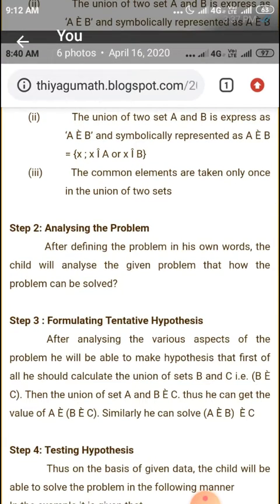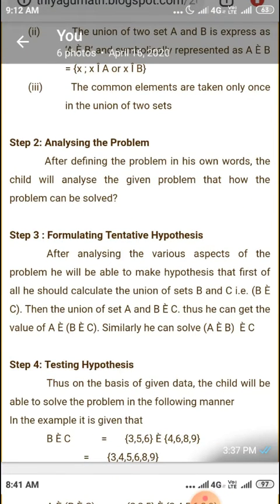Step 2, analyzing the problem. After defining the problem in his own words, the child will analyze the given problem, how the problem can be solved. Step 3, formulating tentative hypothesis.